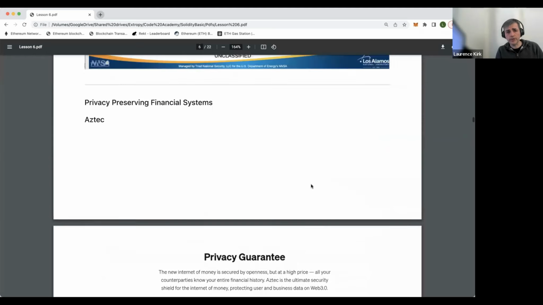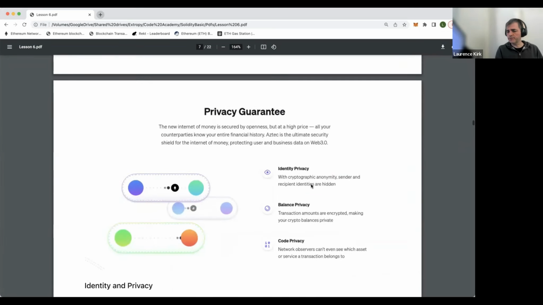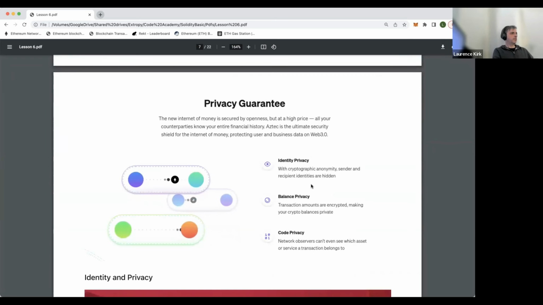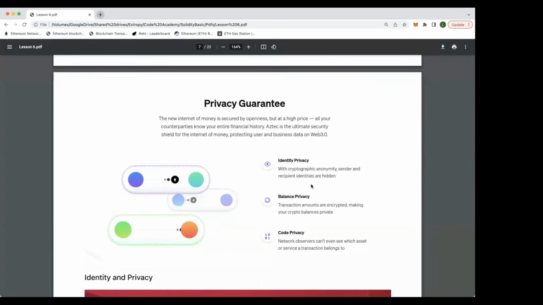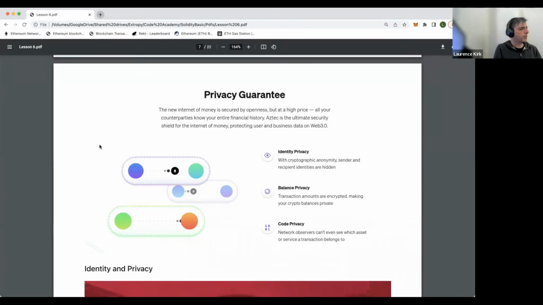So there is a project called Aztec, which uses zero knowledge proofs to give you privacy in some of the computation, in some of the financial transactions that you're doing on Ethereum. So Aztec, a really interesting project. They allow financial transactions on Ethereum, but they manage to keep details of these transactions private in various ways.